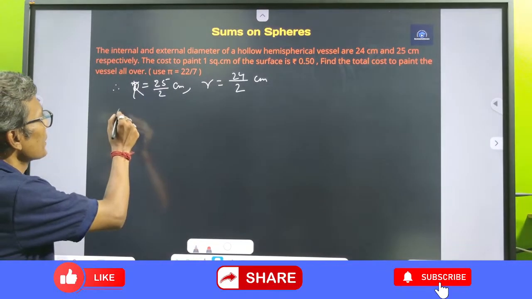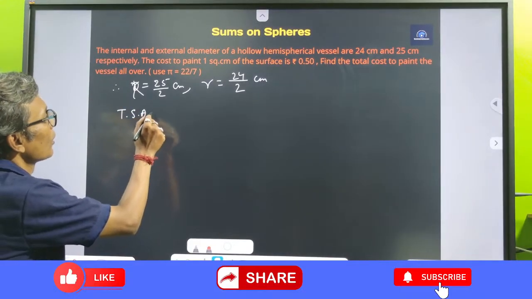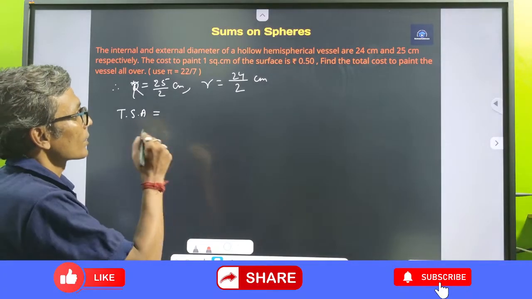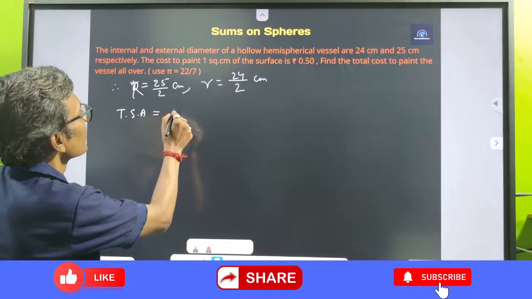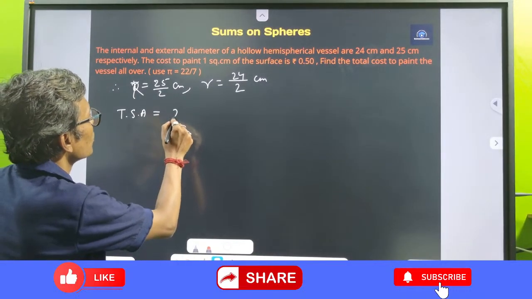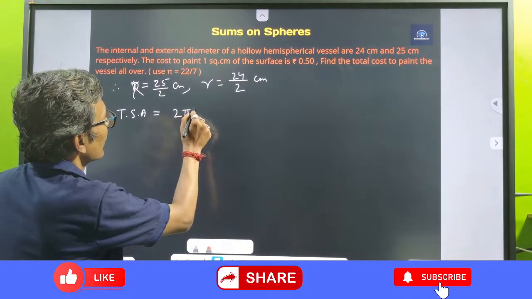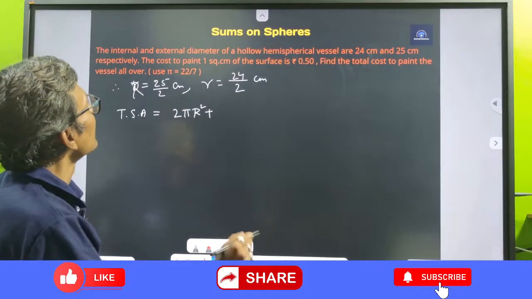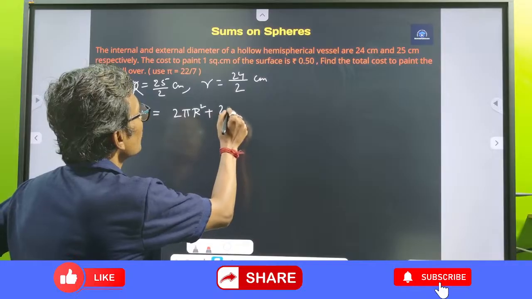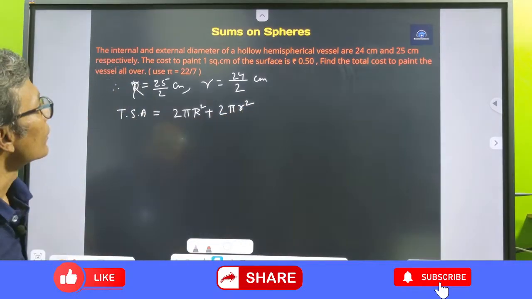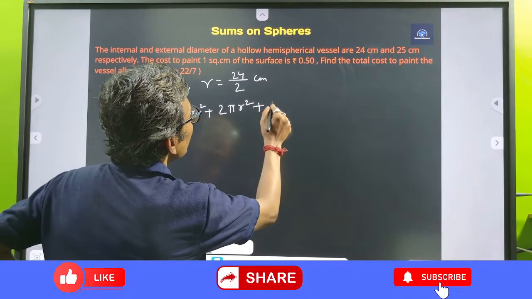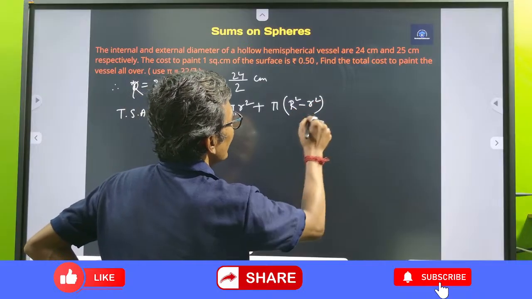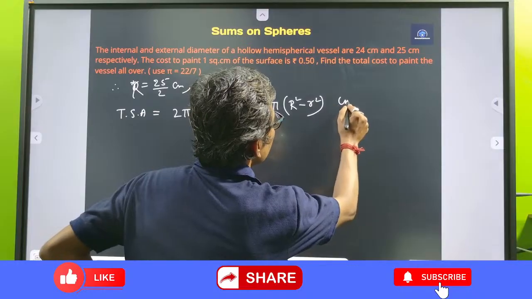So the total surface area, TSA, of the hollow hemispherical vessel is 2 pi capital R square plus 2 pi small r square plus pi into (capital R square minus small r square) centimeters square.